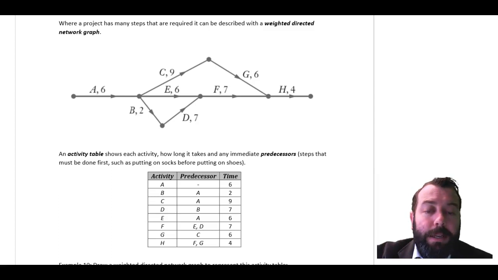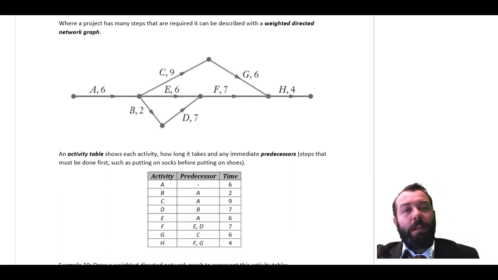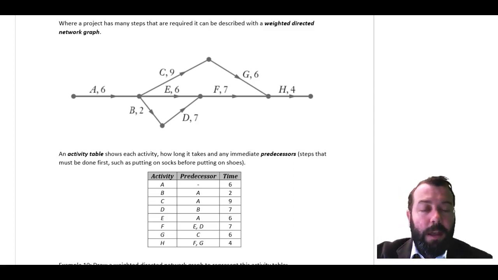I can't start activity D until I've completed B. And I know that I can't do B until I've completed A. So my activity table is helpful in some respects. I can directly see lots of those things. I can see the time required to complete each of those activities.